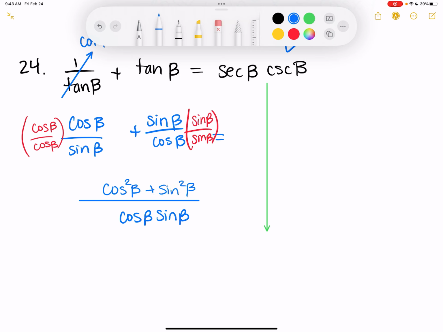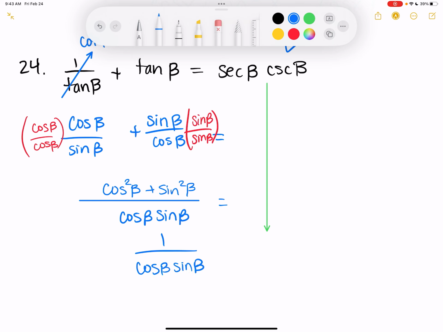Oh, that's good news. Because what is that? It's the 1. So 1 over cosine beta sine beta.